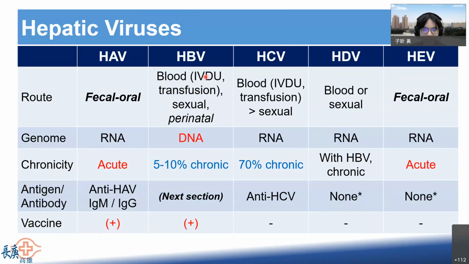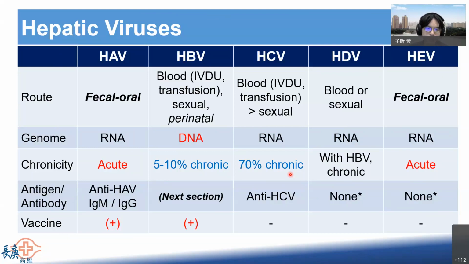And as for chronicity, the HBV virus is mostly acute, actually. So you see here that I say that HCV is 70% chronic. So once a person is exposed to the HCV virus, only 30% recover spontaneously, and 70% become chronically infected with the HCV virus.